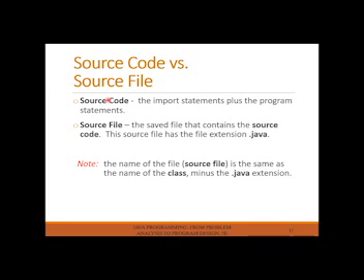So, if you save the source code, of course, the name of your source file is also the name of the class, with the extension .java added. So, that one with .java is what we call the source file. The content of the source file is our source code. Okay? Note, the name of the source file is the same as the name of the class plus the .java extension, as I mentioned earlier.